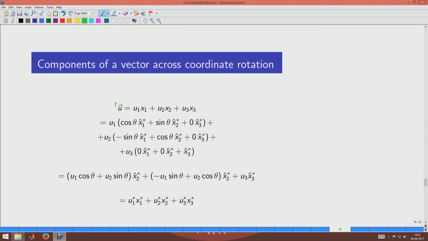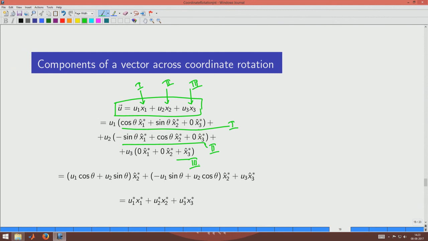We first write the u in terms of its components, and then each of these old unit vectors we write in terms of the new ones, and we already have those new ones. So, this is the first one, and this is the second one, and the third one of course is unchanged because we are rotating about the x3 axis.